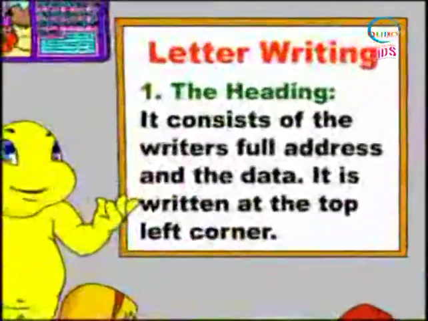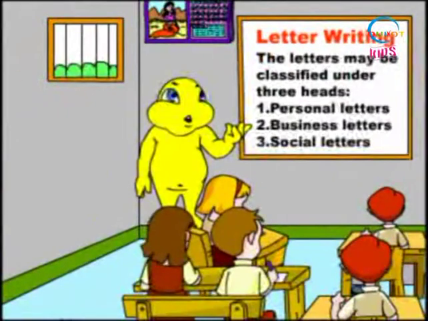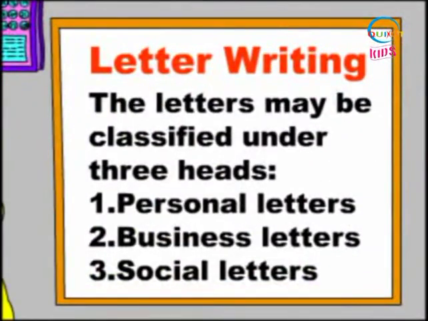The heading. It consists of the writer's full address and the date. It is written at the top left corner. The letters may be classified under 3 heads. 1. Personal letters. 2. Business letters. 3. Social letters.